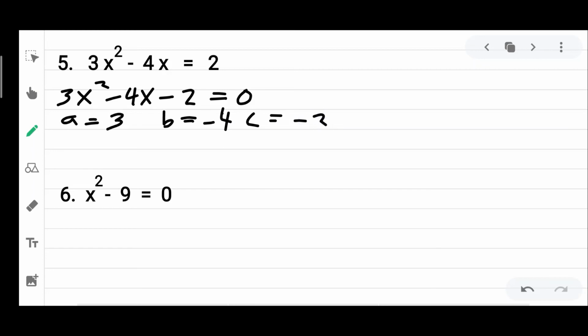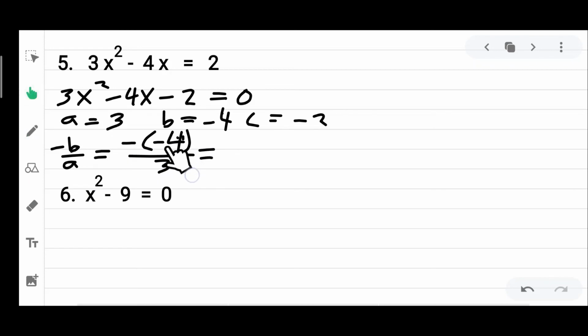So, use the formula para makuha natin yung sum of the roots of this equation, which is negative b over a. Copy negative sa formula. Then, yung b natin is negative 4 over, ano bang value ng a natin? That is 3.